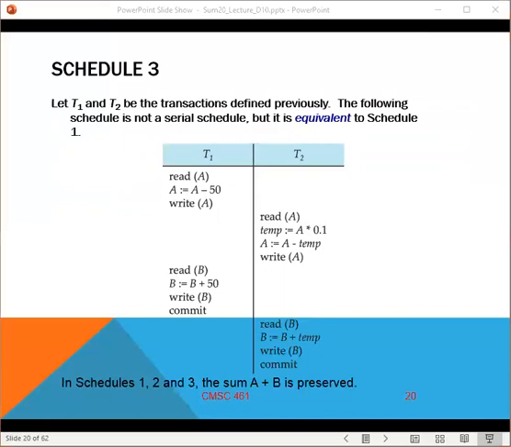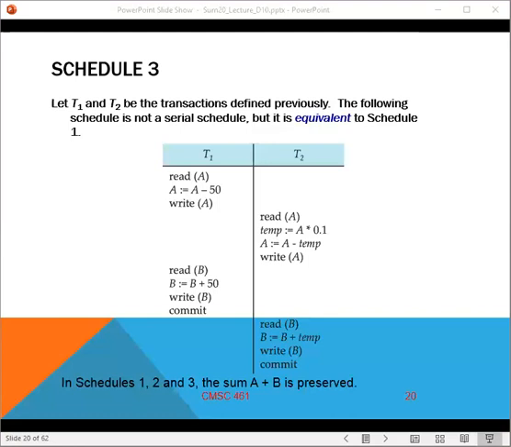So the rules for swapping, and we alluded to this just a moment ago, are the following. We have to remember serial execution of a set of database transactions preserves database consistency. We can swap instructions on different transactions without affecting the result of any instruction. So for instructions operating on the same item, we can only swap reads.